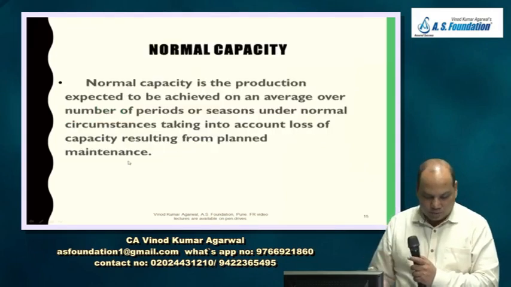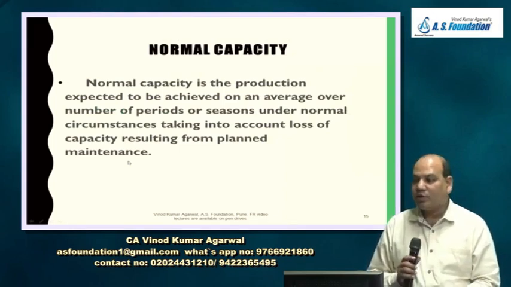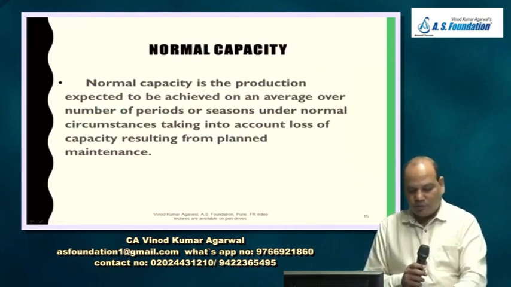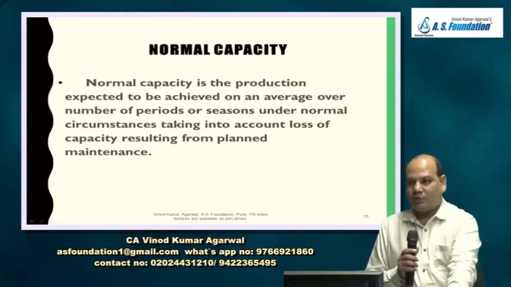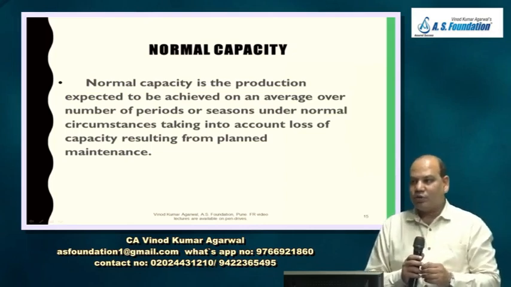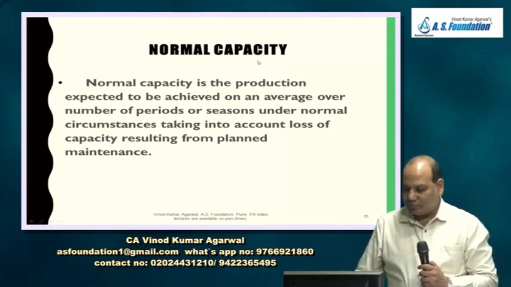In the next paragraph, we have written the meaning of normal capacity. Paragraph 10 on the next page, probably you'll find. First, we will see what is normal capacity, because our discussion now revolves around this term. Is it full capacity?